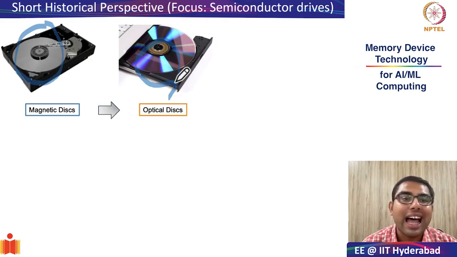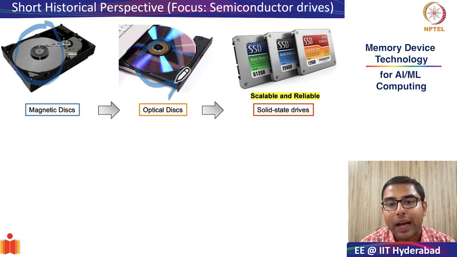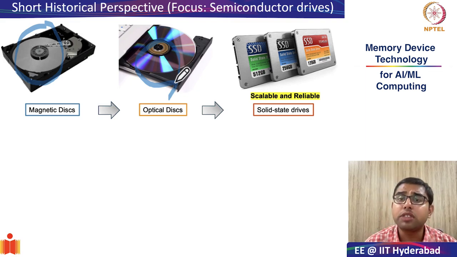However, all of that has now been replaced by solid state drives. It is very important to note what is that specific distinct advantage that solid state drives give, which enabled this transition from magnetic and optical disks to purely solid state devices. And the key advantage is that of reliability and scalability.